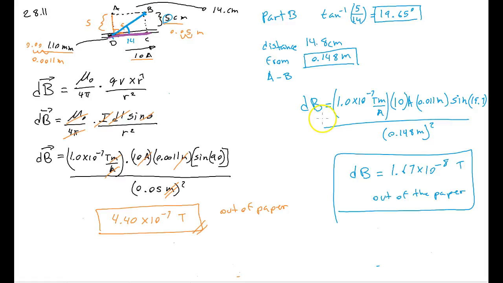So if we just plug in the formula, dB is equal to mu sub naught over 4 pi I dl sine of 0 over r squared. Sine of 0 is 0, so 0 times everything is equal to 0. So part C is equal to 0.